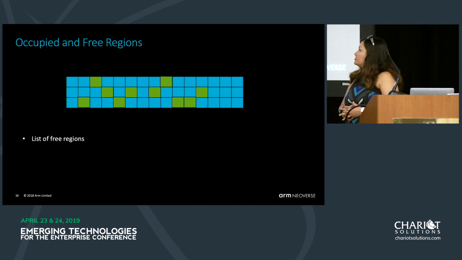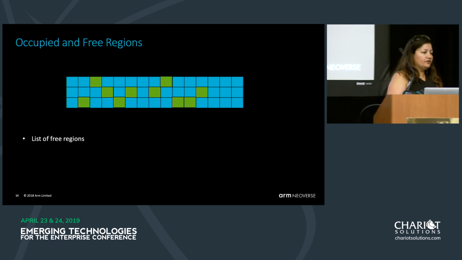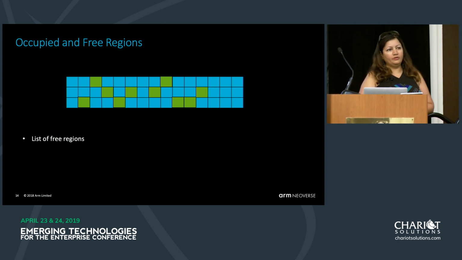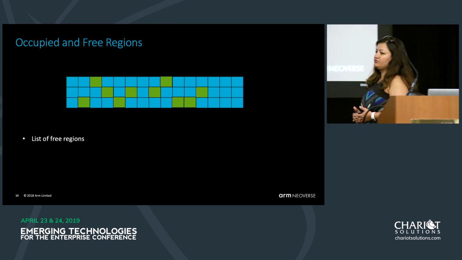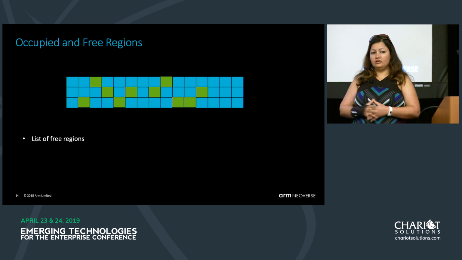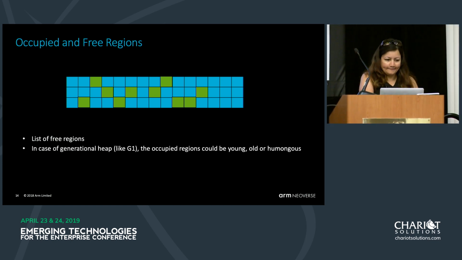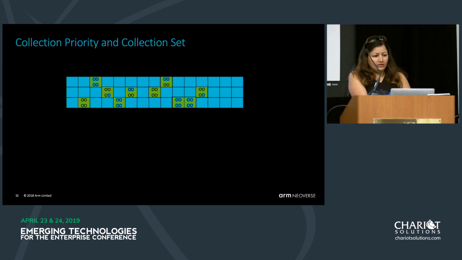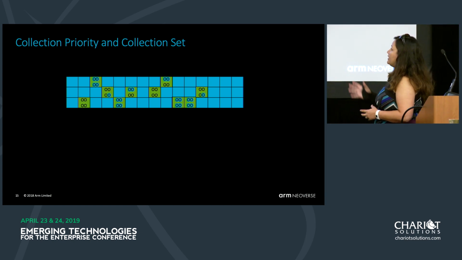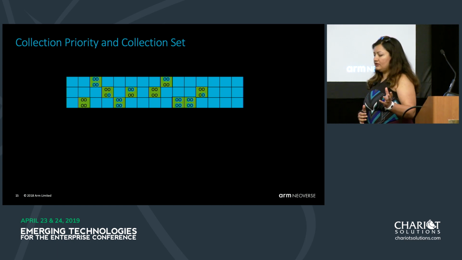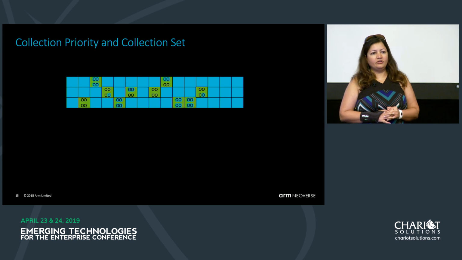In the case of a generational heap, like G1, the occupied regions could be either young or old regions. There's also the concept of humongous objects, and those will also be humongous regions. Now that we know occupied and free, and we apply the concept of compaction, how do we do that?